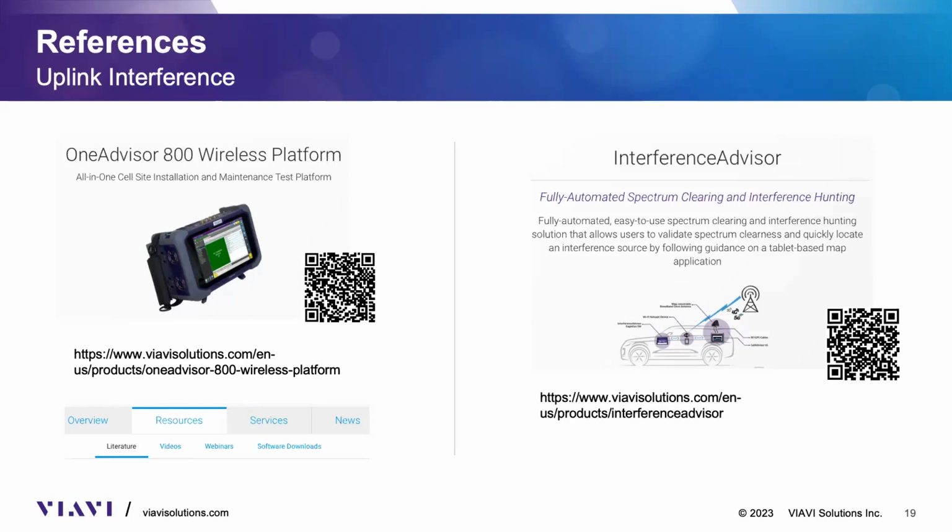Is the interference hunter you are showing different from the older version? Well, that's a good question, Sam. The tablet edition has evolved, yes. The underlying engine between the old 785, the CA5G, and the One Advisor were all using the same screen. So it hasn't changed too much from an engine point of view, with one exception.